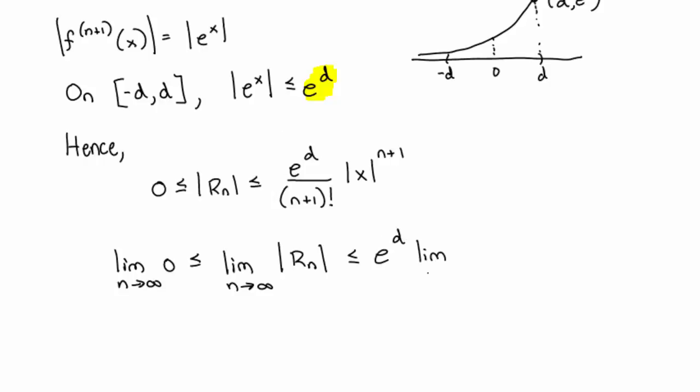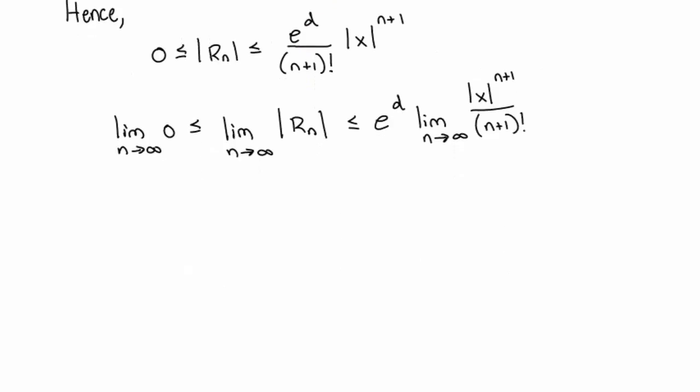It's not involving n, so I'm factoring that out. So I have the absolute value of x to the n plus first power over n plus 1 factorial. So we know that obviously the leftmost limit is 0.